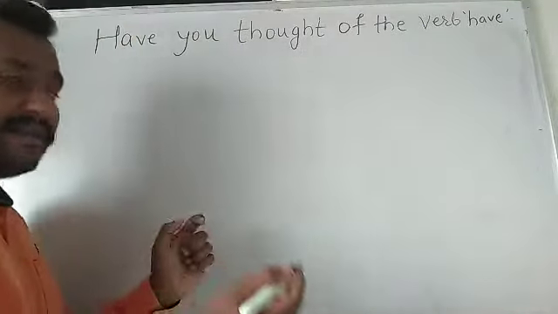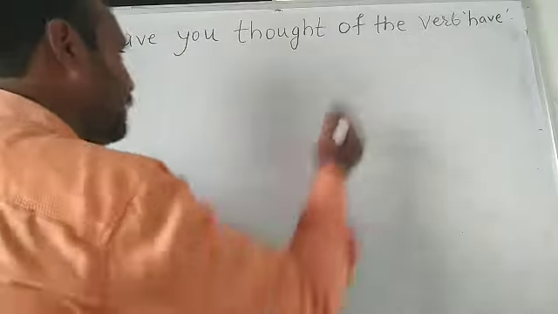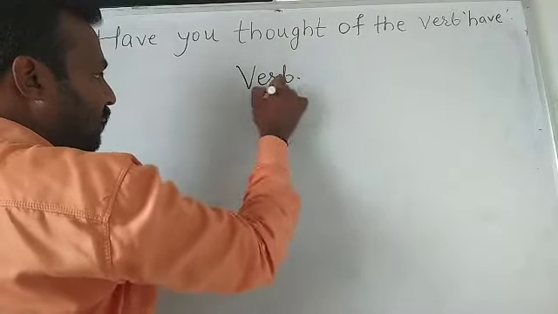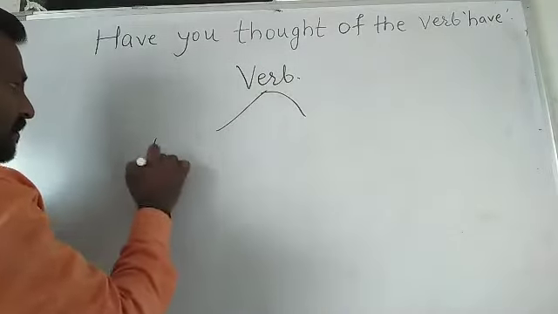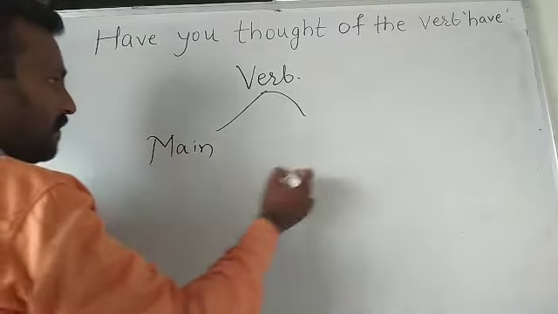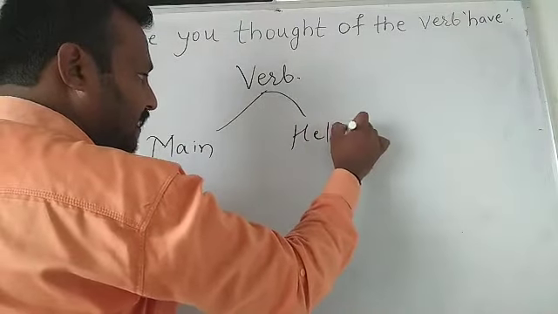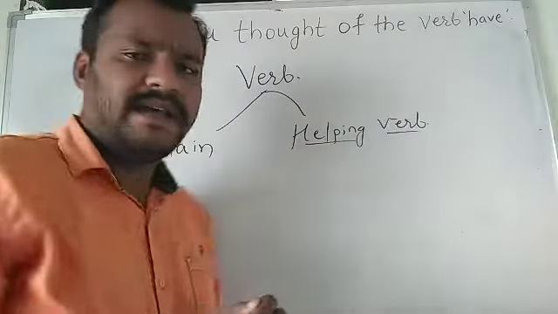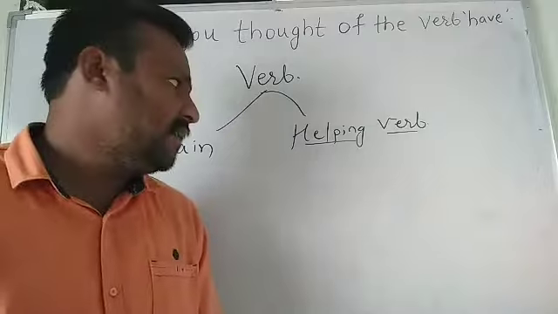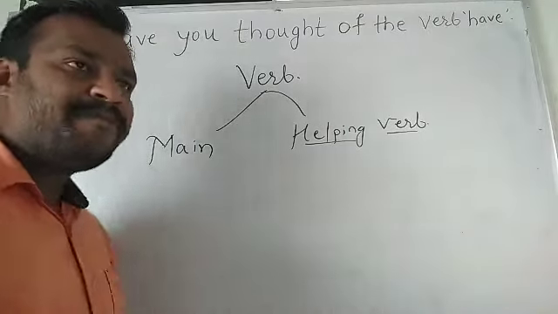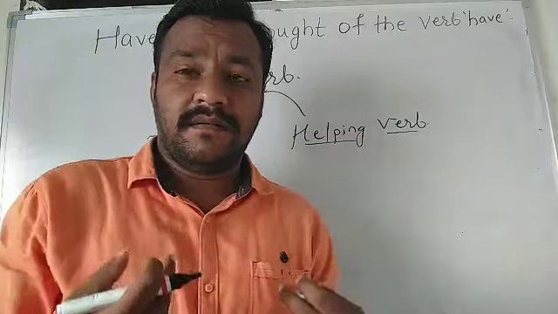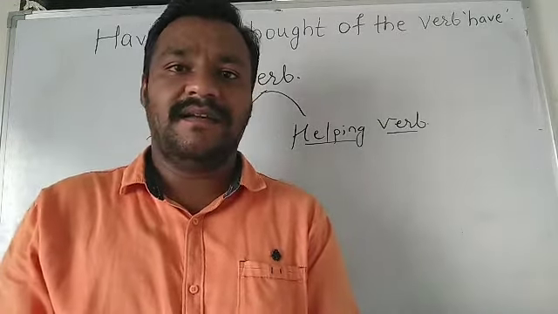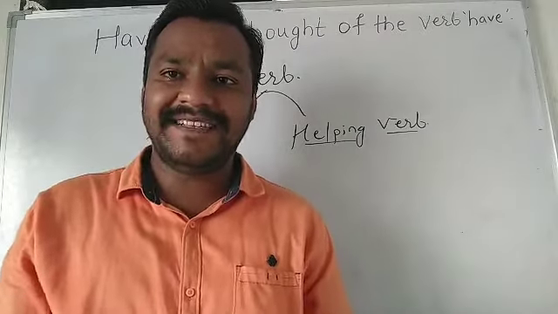Let me recall some grammar first. We know verbs are divided into two types: the first is the main verb, and the second is the helping verb. The helping verb is also called an auxiliary verb. Main verbs we know very well: run, sit, upload, teach, learn, listen, watch.